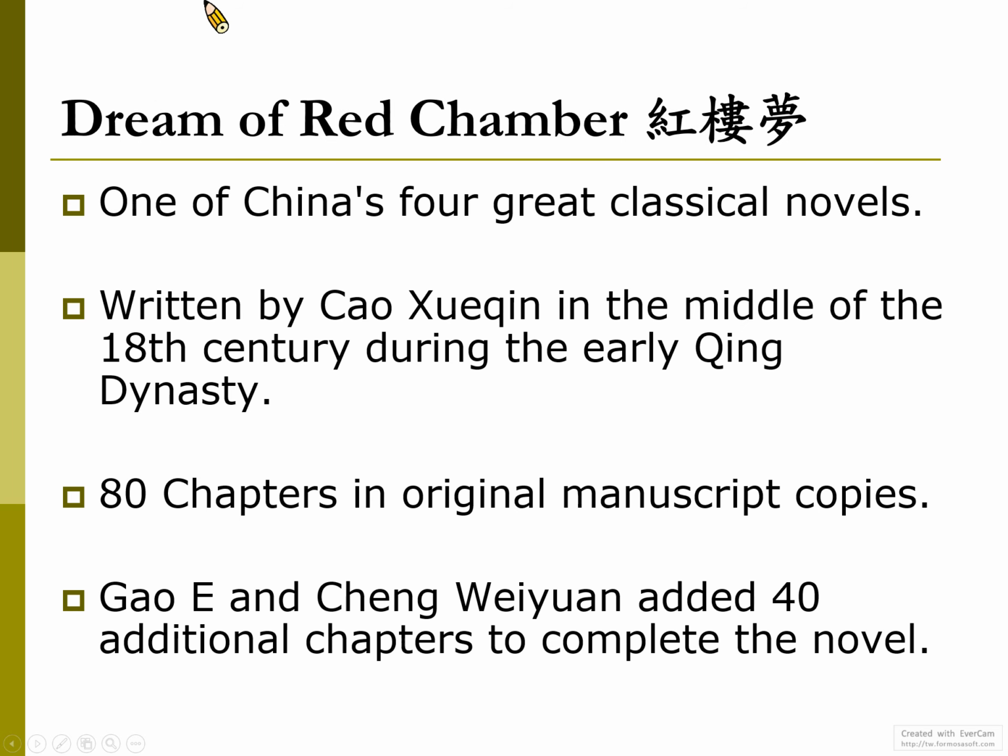However, many people believe that these additional 40 chapters are not originally by Cao Xueqin, because there are many essential differences between the first 80 and the later 40. There is a very famous scholar called Hu Shi, and he actually wrote a book trying to use some scientific evidence to show the difference between the first 80 and later 40 chapters.